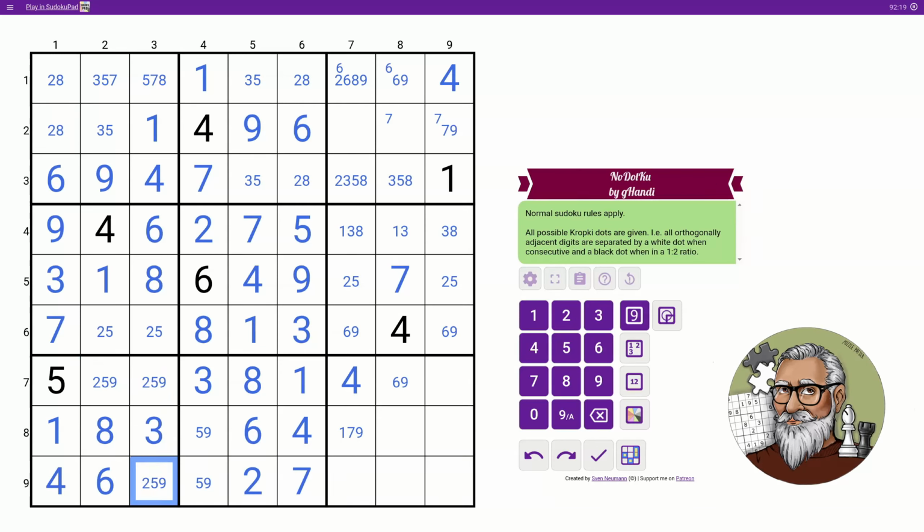Right. This is still a 2, though. 2, 7, and 9. I'll get there eventually. One day.